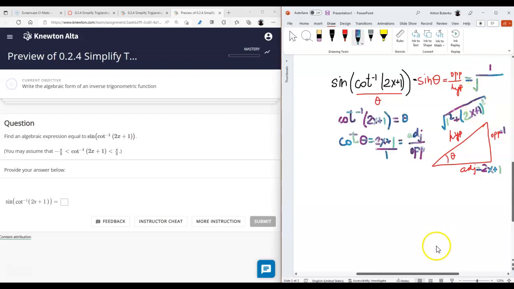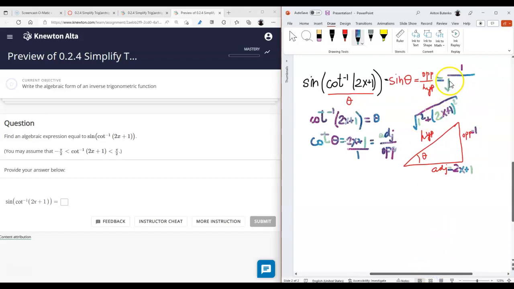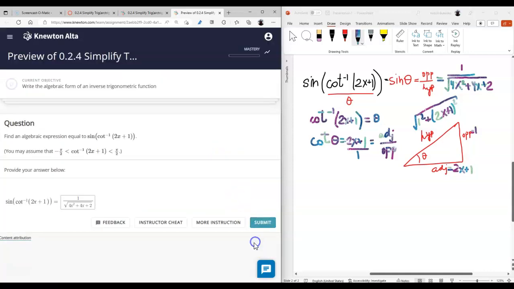And let me just move it a little bit to the right. And I'm just going to use simple math here to simplify this. It's going to be 4x squared plus 4x plus 1, and plus another 1, which gives plus 2. So this is the answer. It's going to be 1 over the square root of 4x squared plus 4x plus 2.